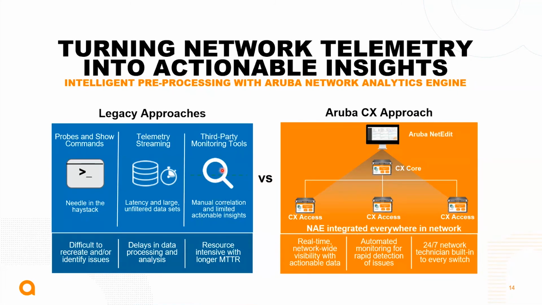But what can they do, since they're a third-party brand? We're doing manual correlation, and they have only limited actionable insights. They are resource intensive, with a longer mean time to repair.